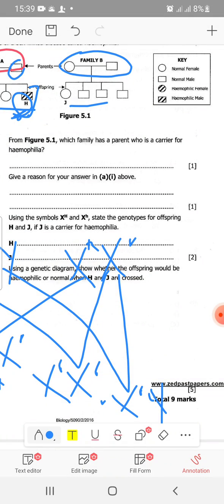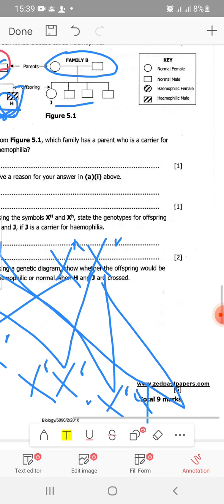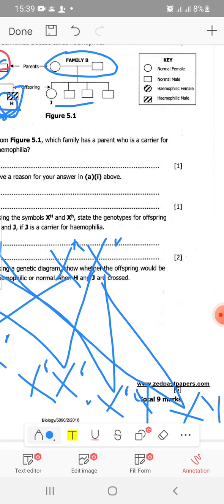Sorry for that, I'm trying to draw there. And then we have the letters x, y. Now this x will have a small letter r, the y won't have anything. So that is the genetic diagram which they wanted you to draw.